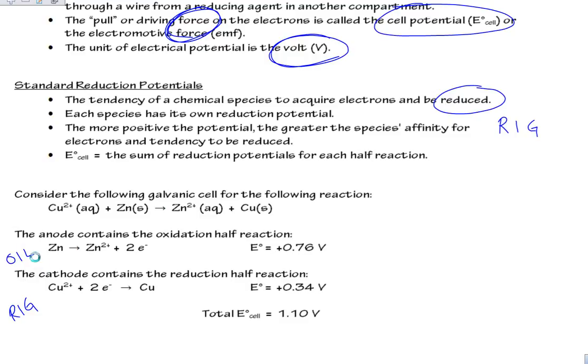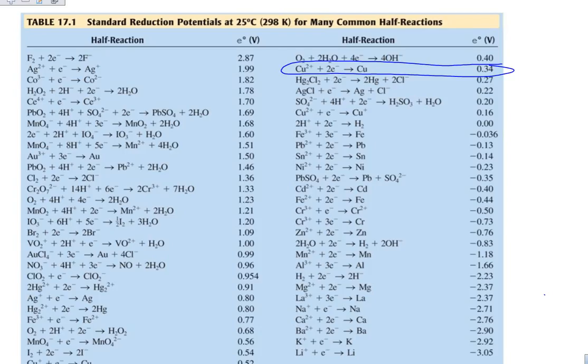These are called standard reduction potentials. So when you look this up on a chart, you're not going to find this exact same zinc half reaction. If I look this thing up, okay, where's zinc? Zinc, zinc, zinc, zinc plus 2. Here it is. You're going to find this listed as a reduction half reaction, where the zinc ions are gaining 2 electrons. And then it lists the cell potential as negative 0.76 volts.